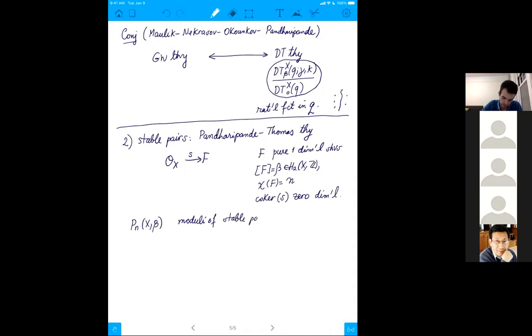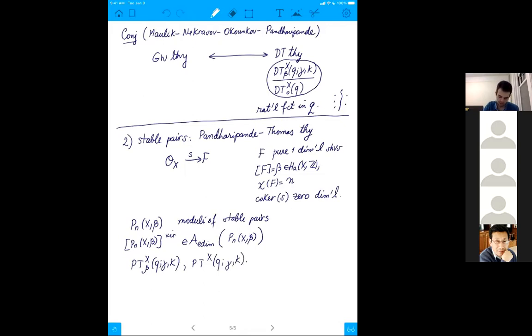And it had been constructed by Le Potier. And this also has a virtual fundamental class of expected dimension. And the expected dimension is the same as the one before. And one can define this generating series. So one can also define PT invariants now with insertions and put those in generating series.